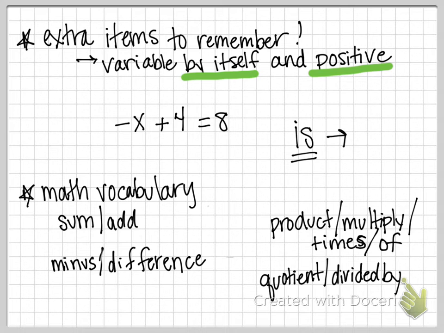The last one is: the word is should be substituted for an equal sign. Is means equal sign. The tiny words are usually the trickiest ones, because they're so important but so little. So is is super important, even though it's a really little word.